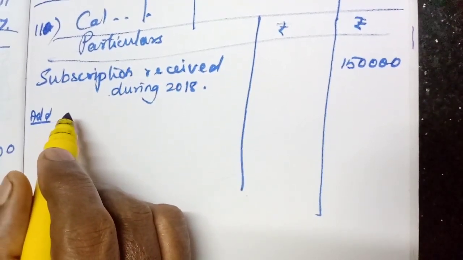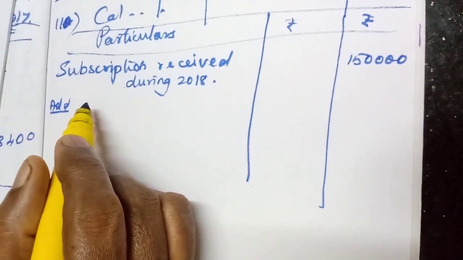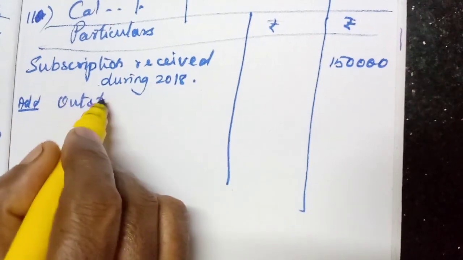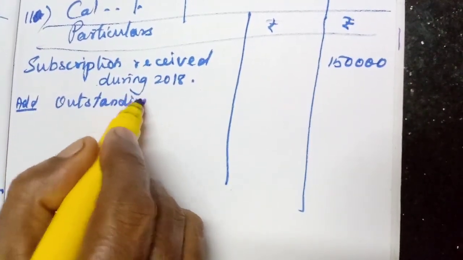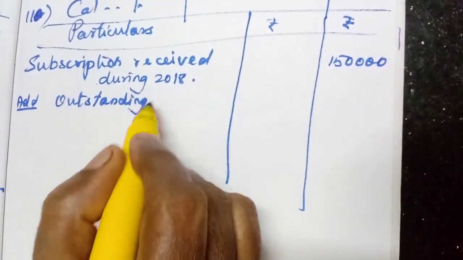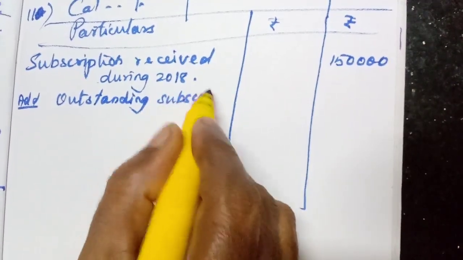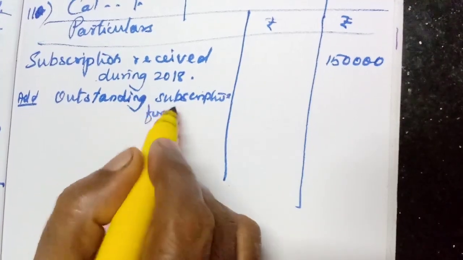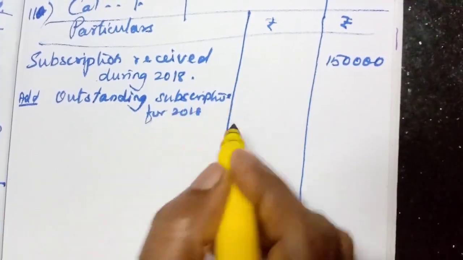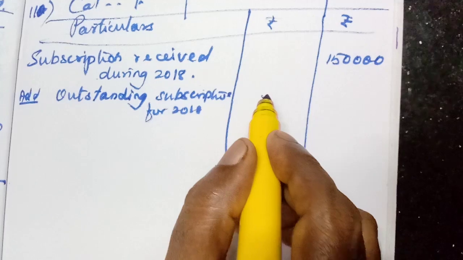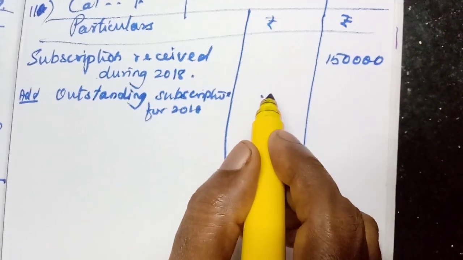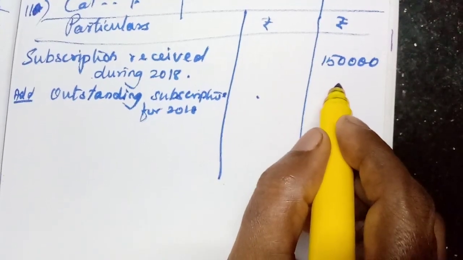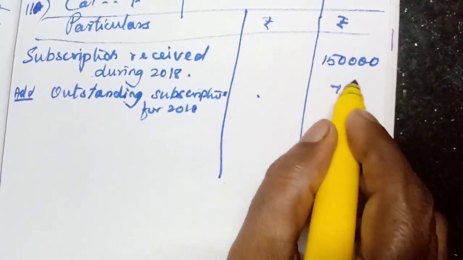Okay, add outstanding subscription for 2018. How much? 7,000. One by one also you can do.